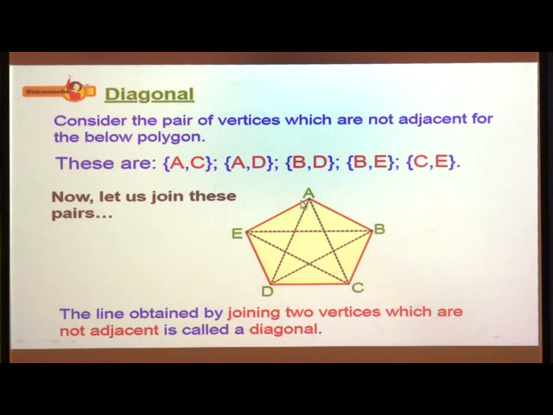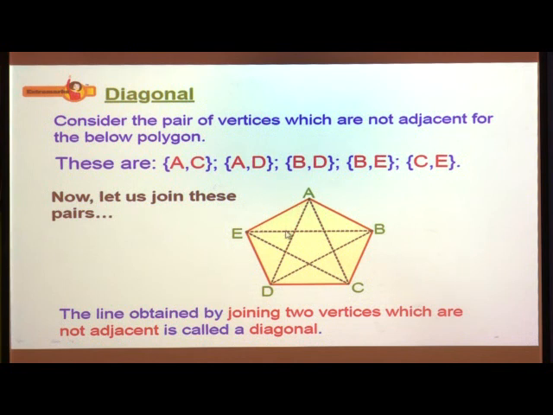See, AD, then AC, EB, so these are the points like AC, AD, then BD, then BE, then CE, which are not adjacent. It means they do not lie on the same line.